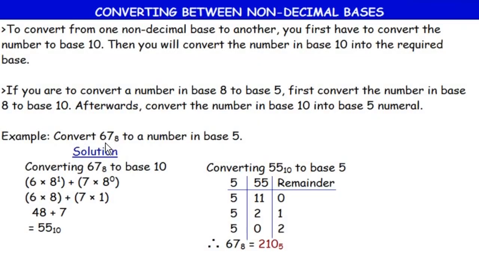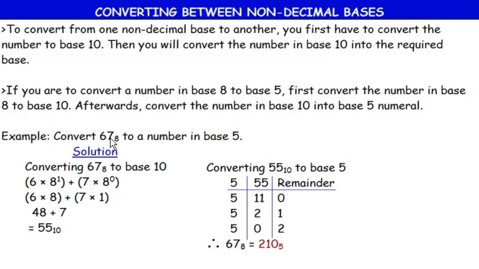So we have to convert 67 base 8 to a number in base 5. The first thing to do is convert 67 to base 10, to the common or standard base. So we are going to get 6 times 8 to the power 1 plus 7 times 8 to the power 0. So 6 times 8 is 48, 7 times 1 is 7, giving us 55 base 10.